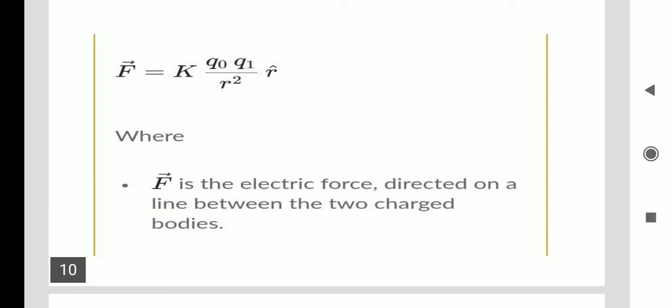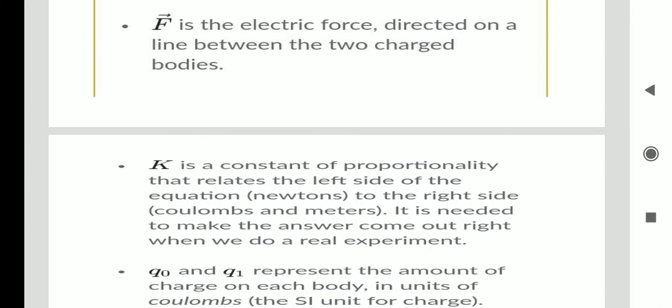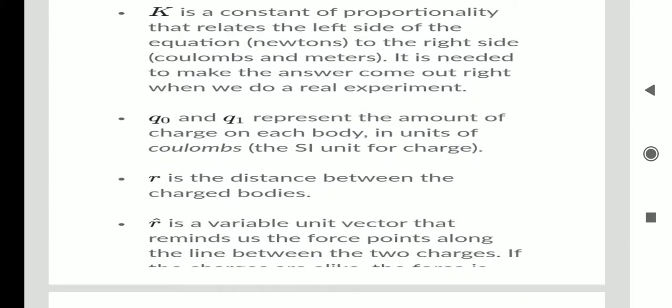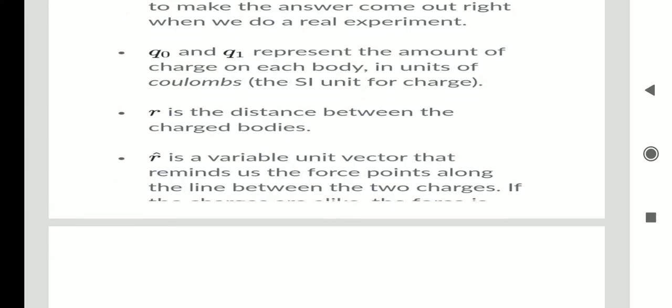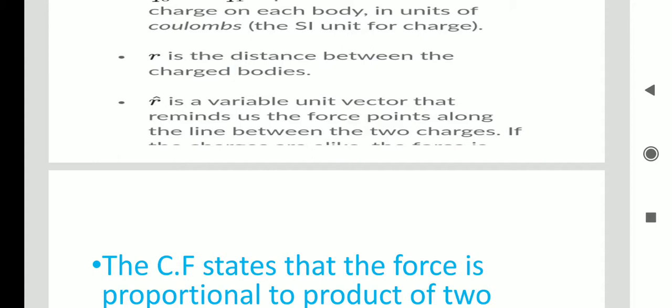Here F is the electric force, K is the constant of proportionality, Q0 and Q1 are the amounts of charge on each body, R is the distance between the two charged bodies, and R cap is the unit vector, which means 1.